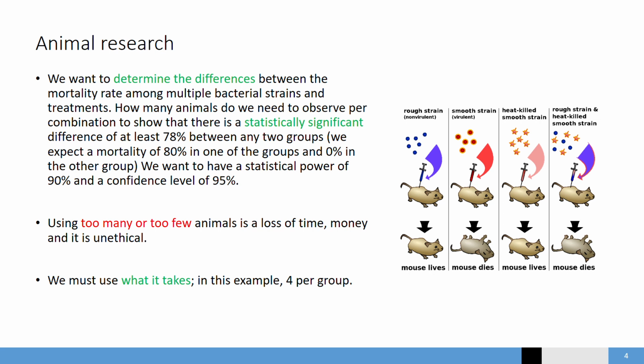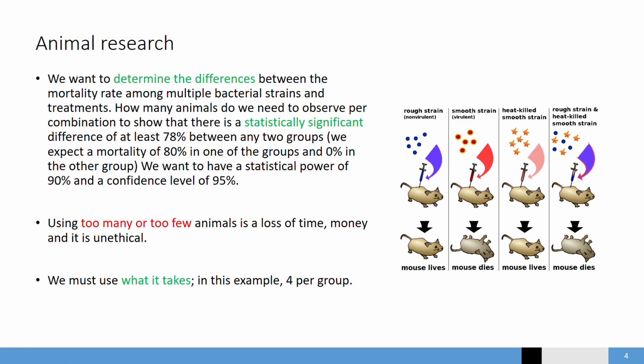One of the groups will be treated in one way, the other group in some other way, and if you don't do anything, the control group, you expect that 80% of the animals die from the infection, while if you have a successful treatment, then you expect that none of the animals die from the infection. And there is a gap between the two groups that you want to detect.